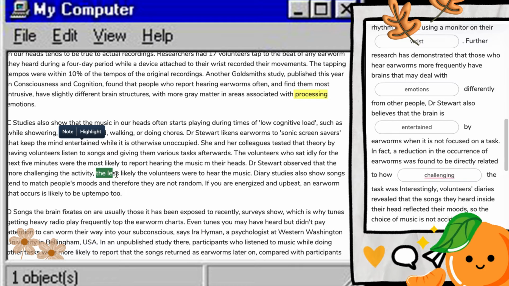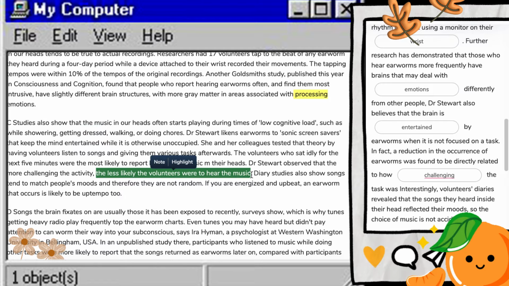Here, the less likely the volunteers were able to hear the music. So, less likely means that they don't hear it. The frequency of hearing music is reducing. It has the same meaning as a reduction in the occurrence of earworm.